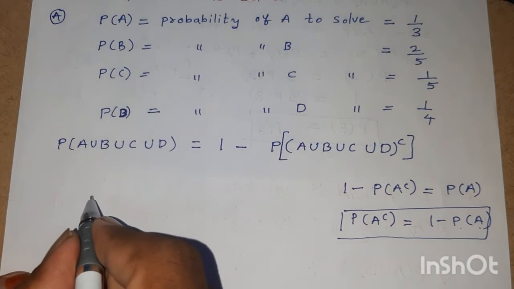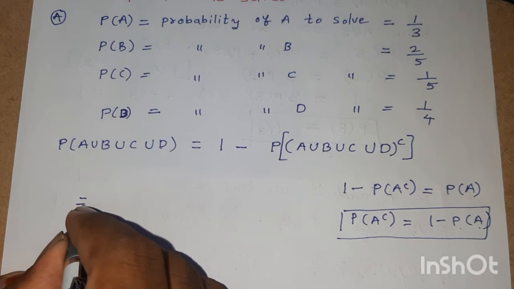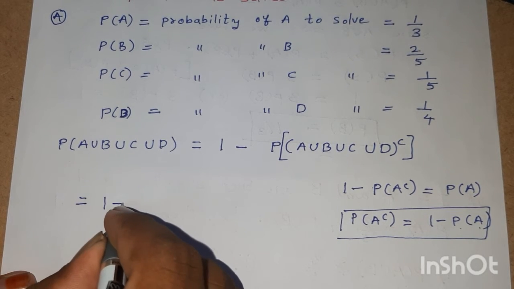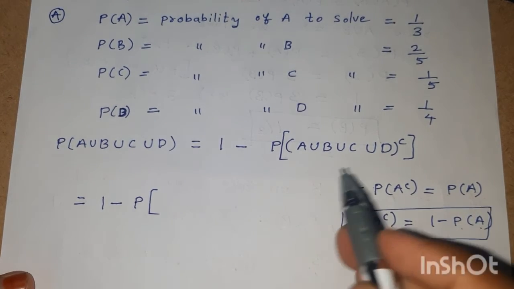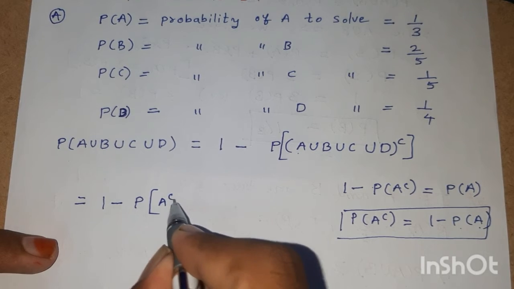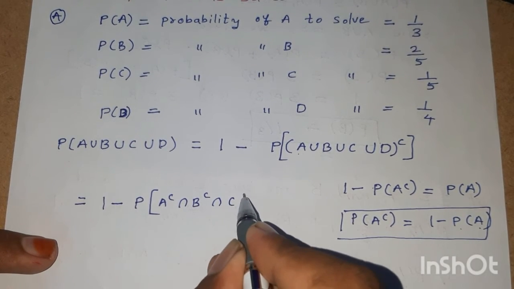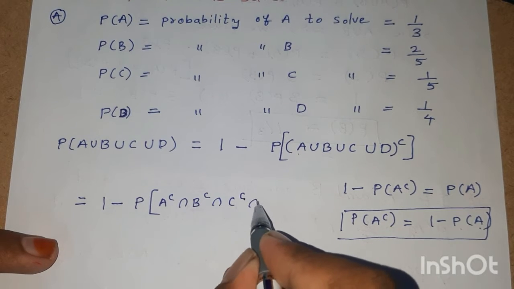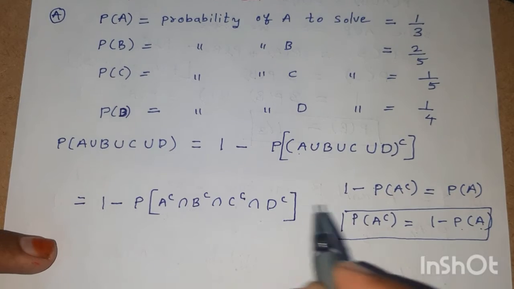Now by De Morgan's laws, we get 1 minus P of (A complement intersection B complement intersection C complement intersection D complement).